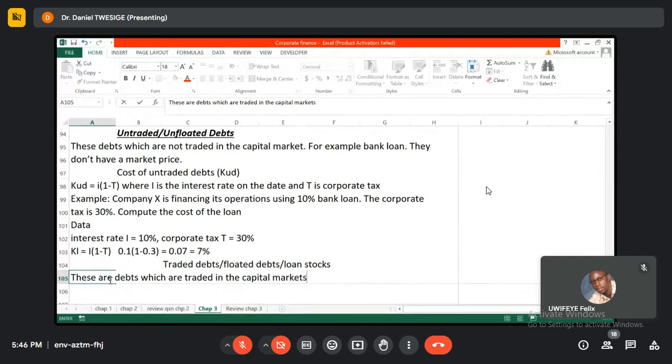So what you will find with these debts is that they have a market price. So this can be classified.